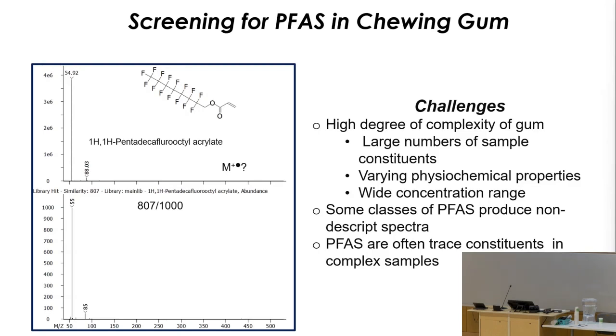Most people would be pretty confident, but this is one of those skinny spectrum that I talked about earlier. I don't have any confidence with that, right? Despite this number, there's no molecular ion, and so this particular annotation is false. In fact, I confirmed that using the tools that I'm going to show you.